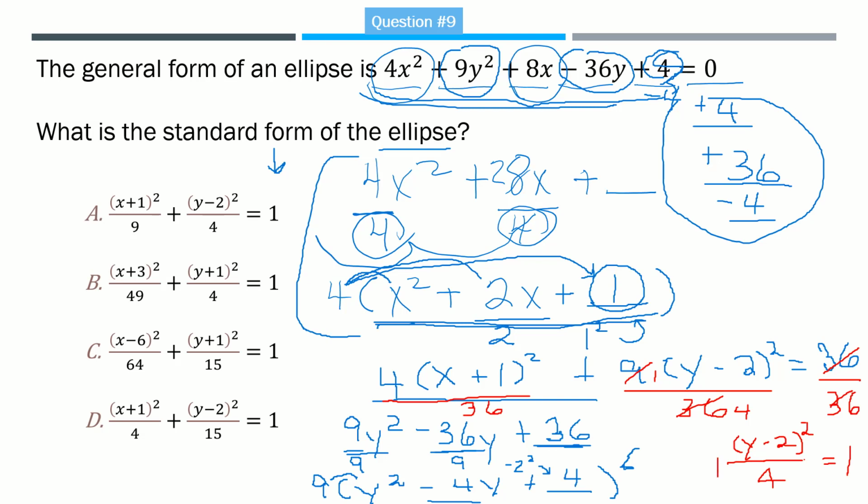Let's move over here. 4 goes into 4 once, and 4 goes into 36 9 times. So we have x plus 1 squared over 9. And now if I look for that answer, I believe it's A. Let me double check. x plus 1 squared over 9 plus y minus 2 squared over 4 equals 1. So yes, that's the correct answer.